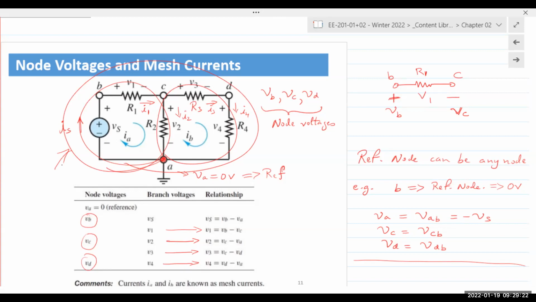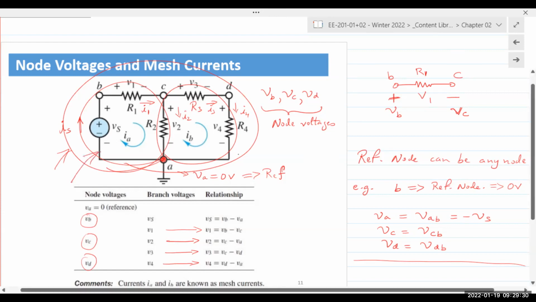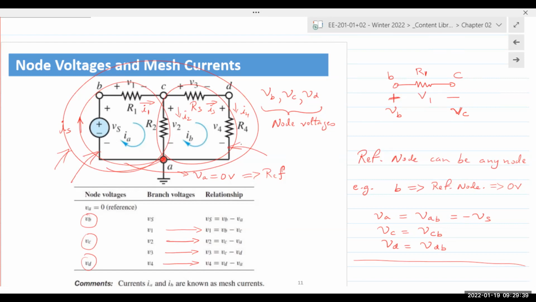So a mesh is a simple loop that does not have any other loop inside it, meaning this one and this one are simple loops because they do not have another loop inside them, and they're simply meshes. So identifying a mesh is relatively straightforward.